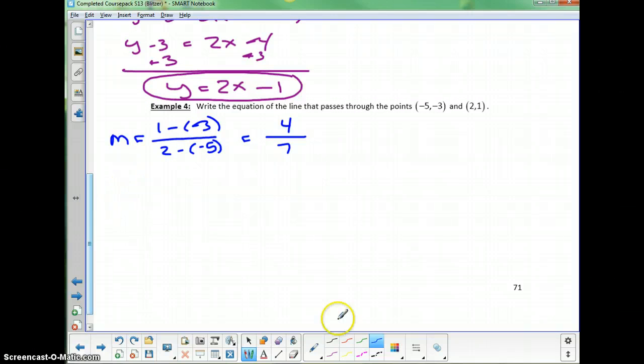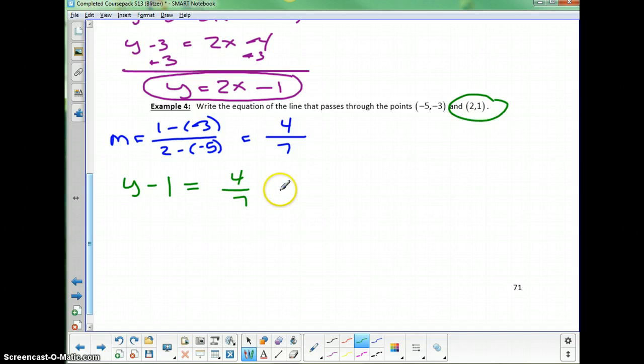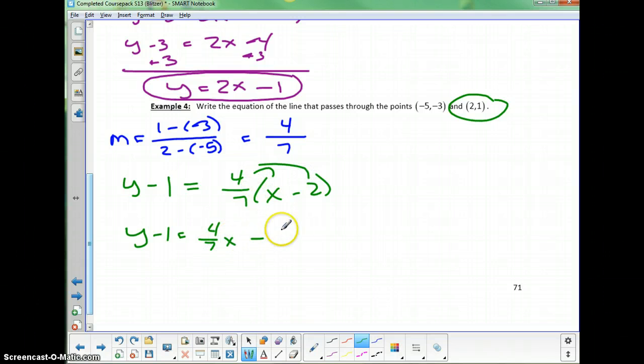Okay. So the equation of the line will be y minus, I'm going to go ahead and use this point this time, y minus 1 equals 4/7 times x minus 2. So y minus 1 equals 4/7 x, I distribute, minus 8/7.